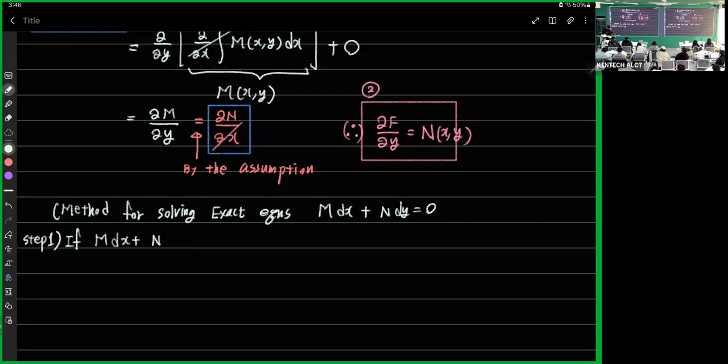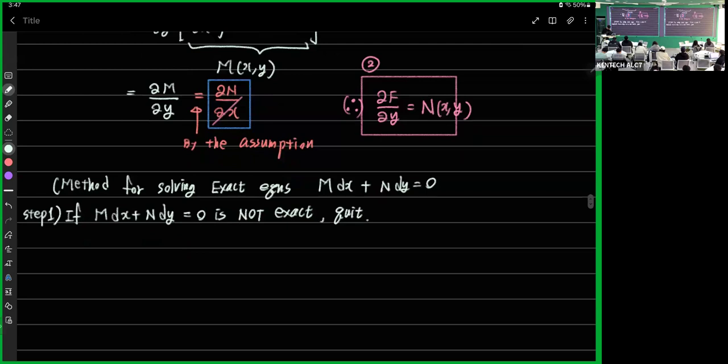If M dx plus N dy equals 0 is not exact, quit. Okay, what that means is you need to apply another method.